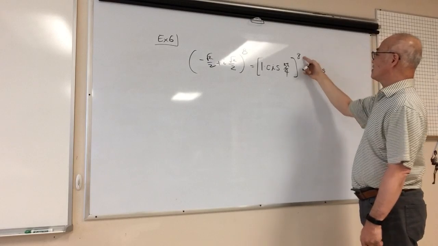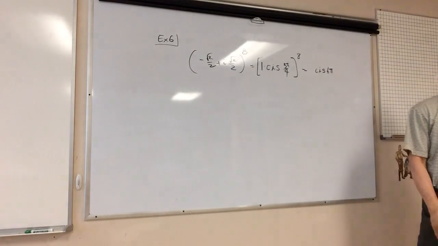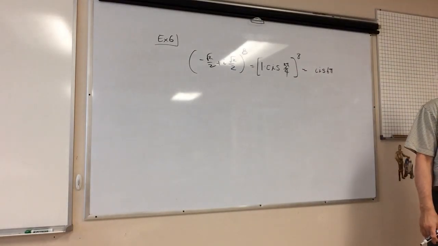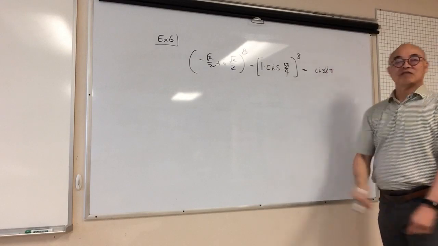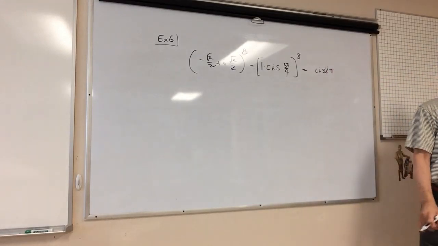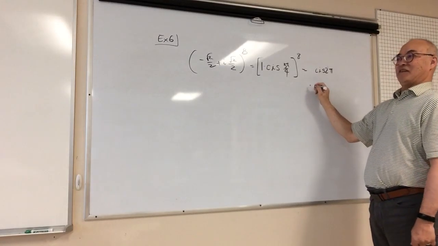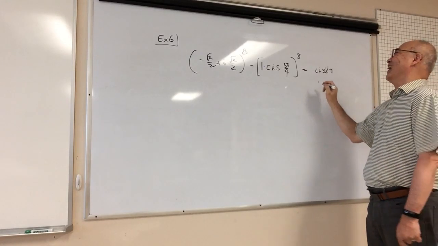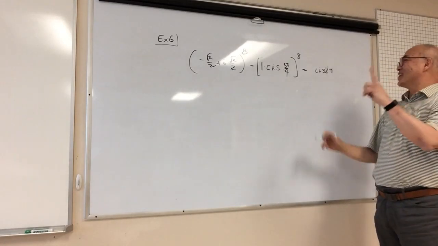Cis. This goes underneath here. 6 pi. Which is the same as 0, or 2 pi, right? Same thing. What's cosine 0? I think it's 0. Wait, no. Oh, 1. It's 1.